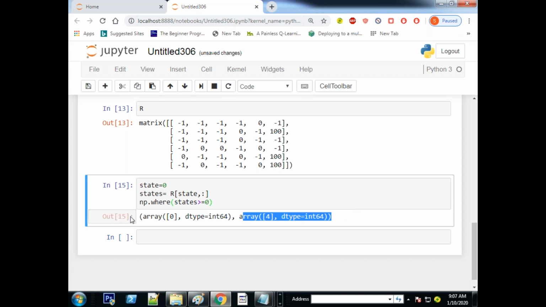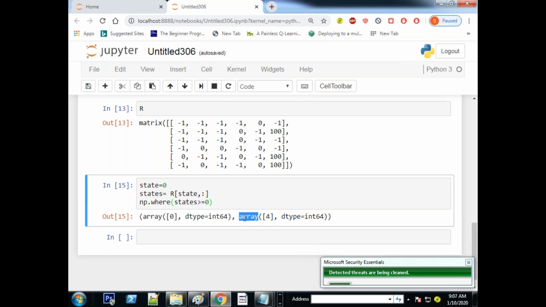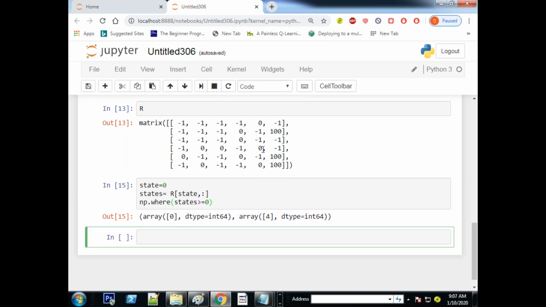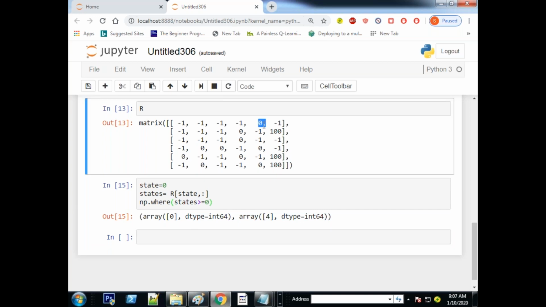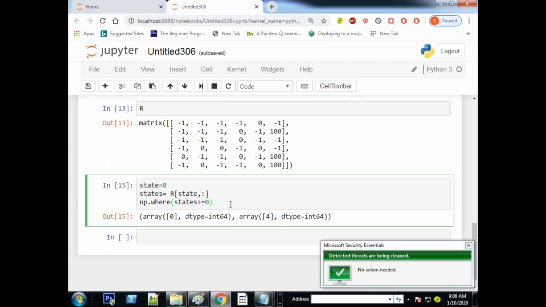That means in row index 0, the given condition is correct, and at the same time, in column index number 4, the given condition is true. That means what is the exact location of the 0? 0, comma 4. Where is your required information, in row index or column index? Column index, that is the second element, right? That's why we said the second element means index number 1. Now you check it.